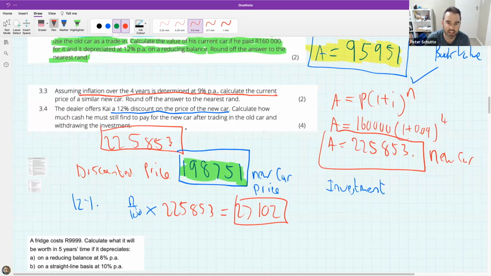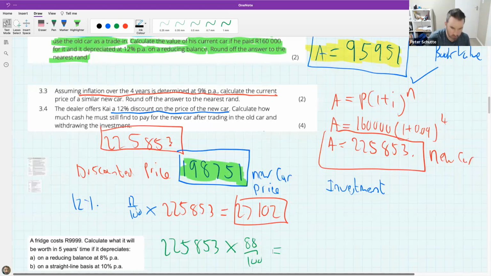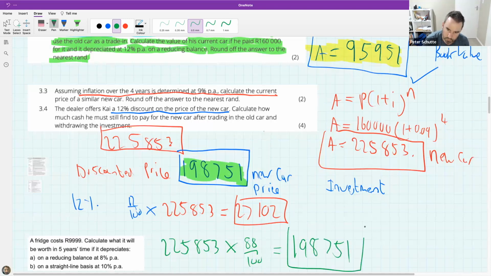So you could take that amount away from the original, or what you could do is take the original 225,853 and say if you lose 12%, you've actually only got 88% left. So you take the original amount and times it by 0.88, and then you get 198,751 when you round it off.